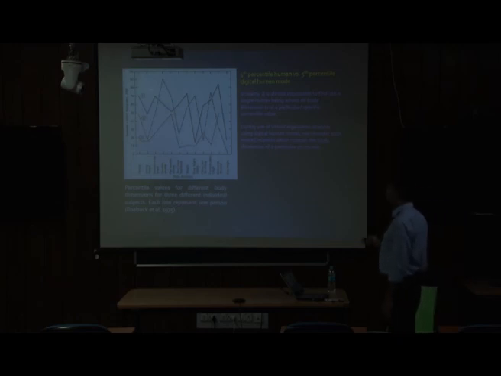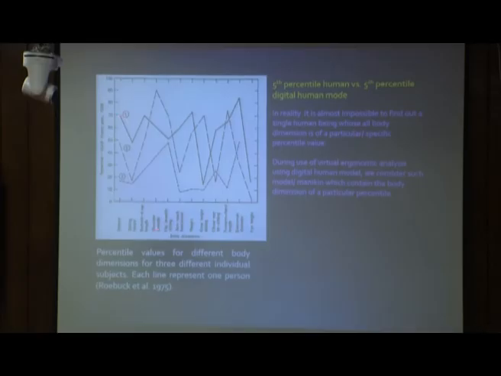So this is a typical example provided by Roebuck et al., that for a single individual, for different body parts, the percentile value is actually different. If you consider the third person, while his stature value is near about 20th percentile, his hip breadth sitting is coming to 50th percentile.